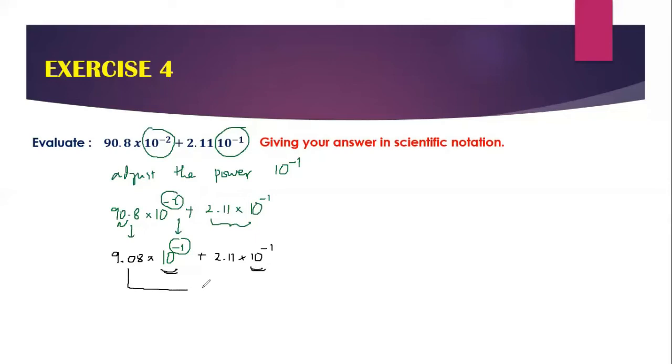Now our job is to sum up the coefficients. 9.08 and 2.11. Okay, now going to sum up: 9 plus 2 is 11, right? So we got 11.19 times 10 to the power minus 1.